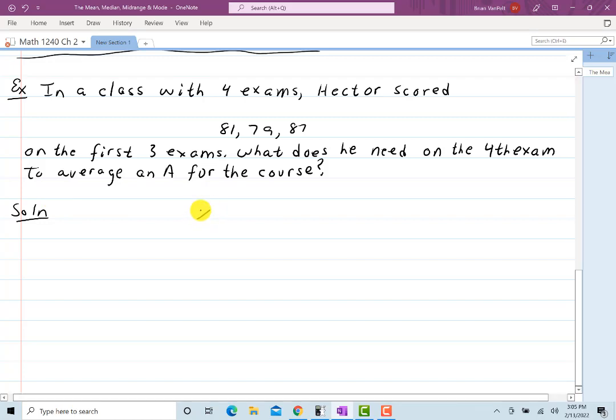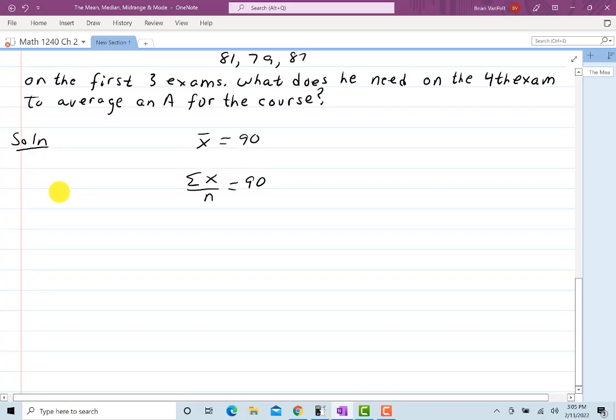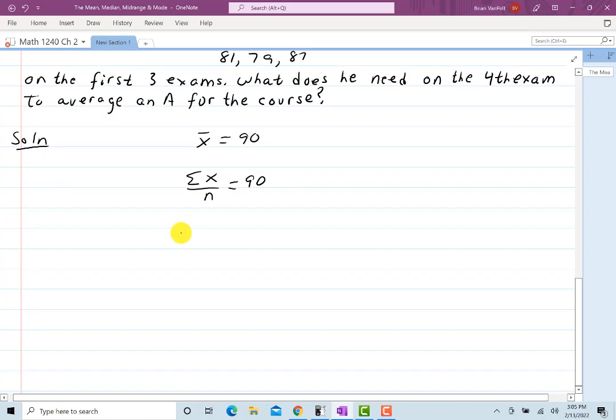So we need his average to equal a 90. So the formula for his average is the sigma of x over n. That's supposed to equal 90. My sigma of x, I covered up my scores. I have 81 plus 79 plus 87.